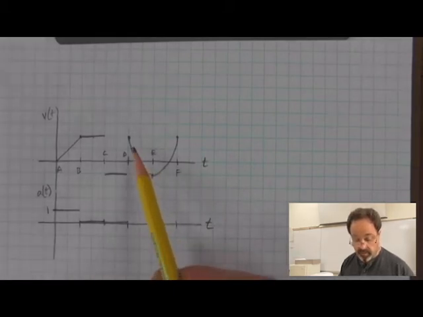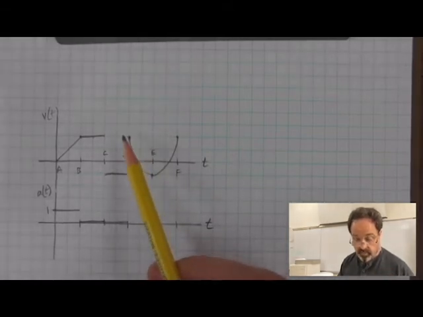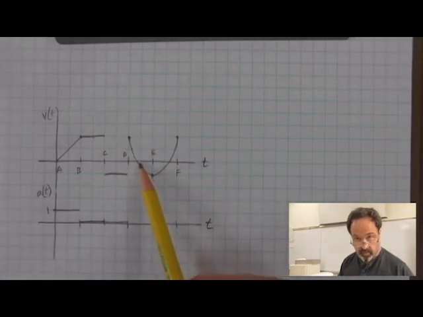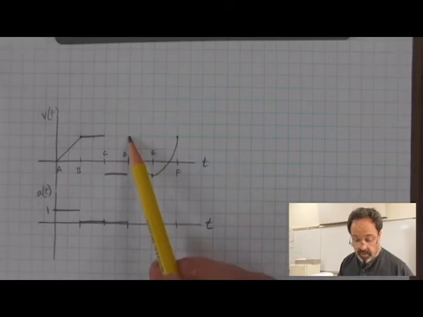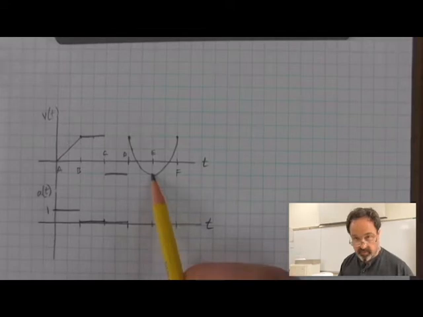So again, starting at D, our acceleration is negative because we're slowing down and then going backwards. But the rate at which we have negative acceleration is more intense at the beginning until it gets at point E to be 0.